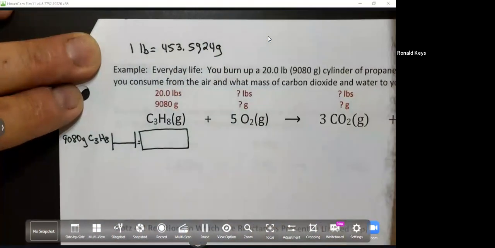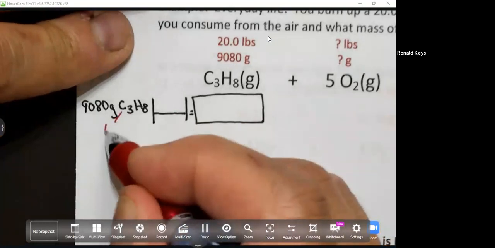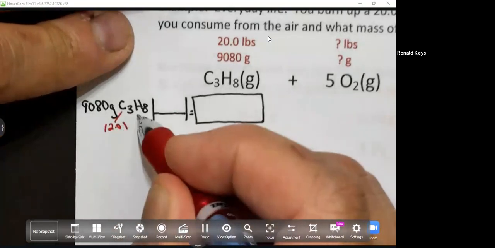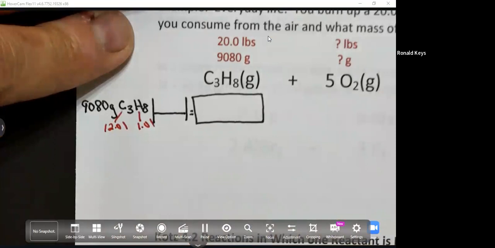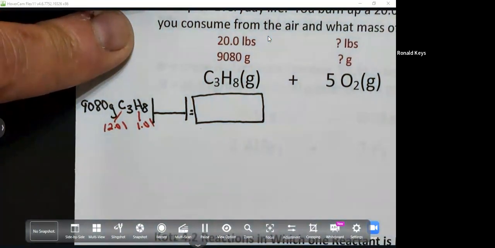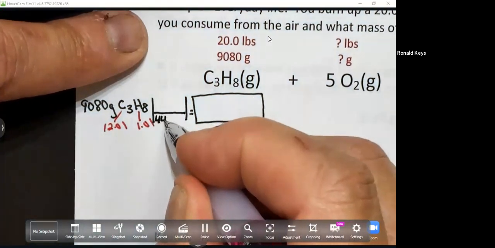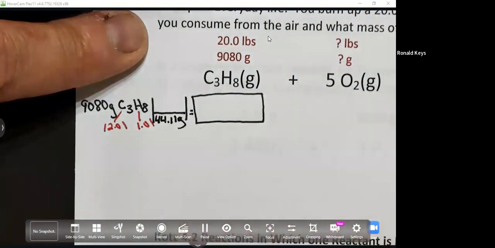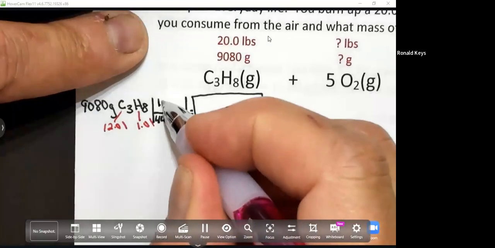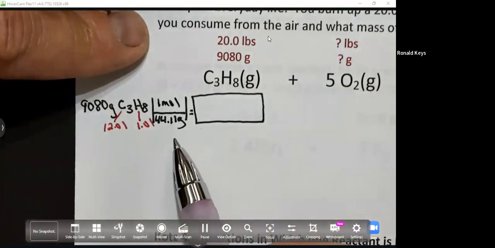So grab your calculator, or maybe you can do the mental math on this because we know this is 12.01 and 1.01. 44.11 grams.